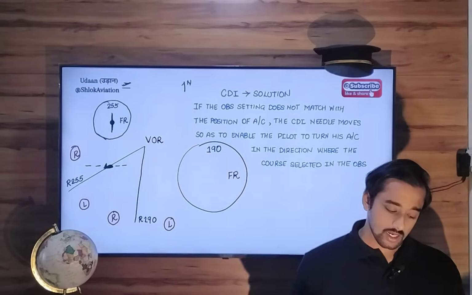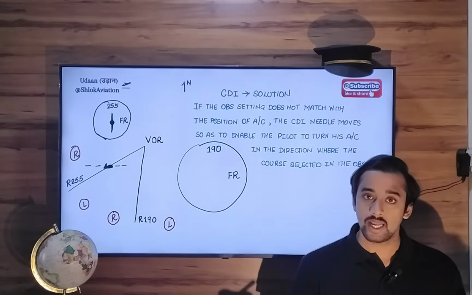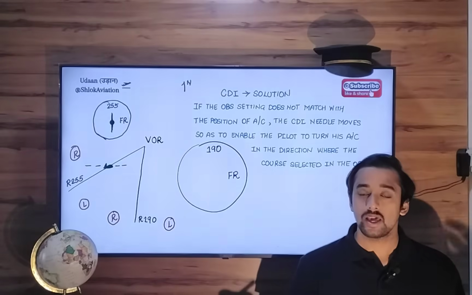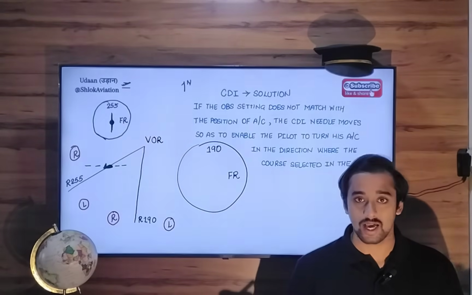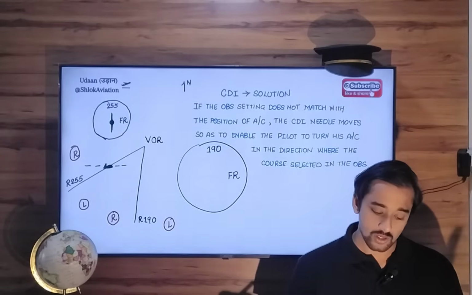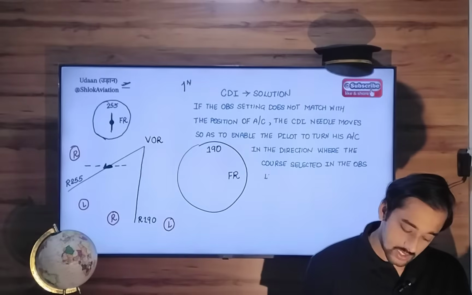Okay, so if the OBS setting doesn't match with the position of aircraft, the CDI needle will move in the direction in which the course that you have set in the OBS lies, telling the pilot to turn his aircraft in the direction where the course selected in the OBS lies.